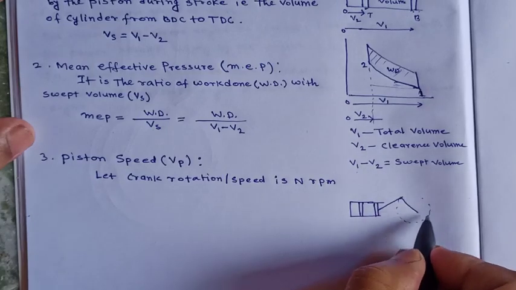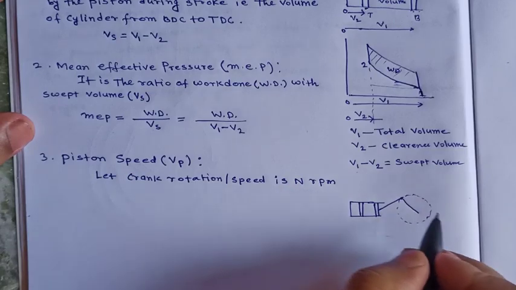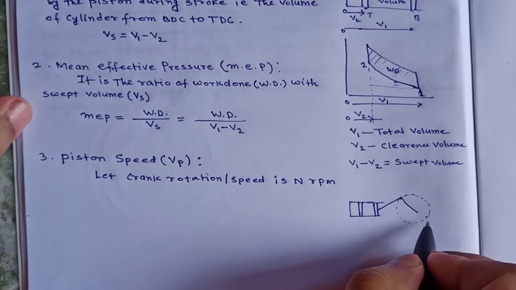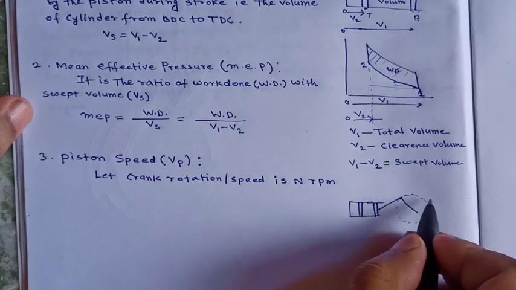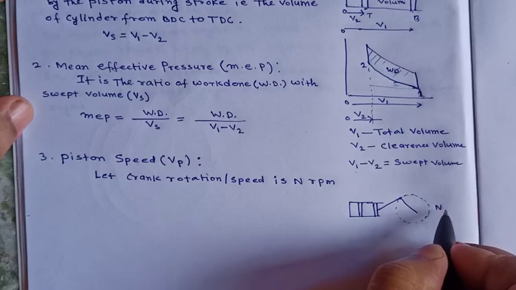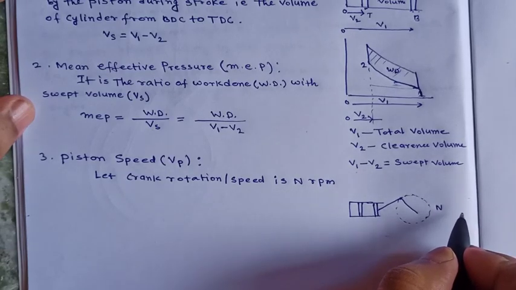The rotational speed of this crank is n RPM. That means the number of rotations is n in 1 minute.